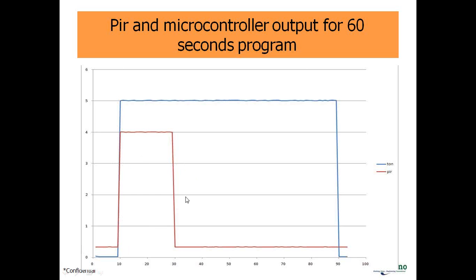This data is captured only for a 60 second program. Whenever a human is detected, my bulb will be on for only 60 seconds. You can see that as soon as the PIR detects the human, my microcontroller output also goes high. It remains high as long as the PIR is on, and once the PIR is off, it still remains on for the next 60 seconds.